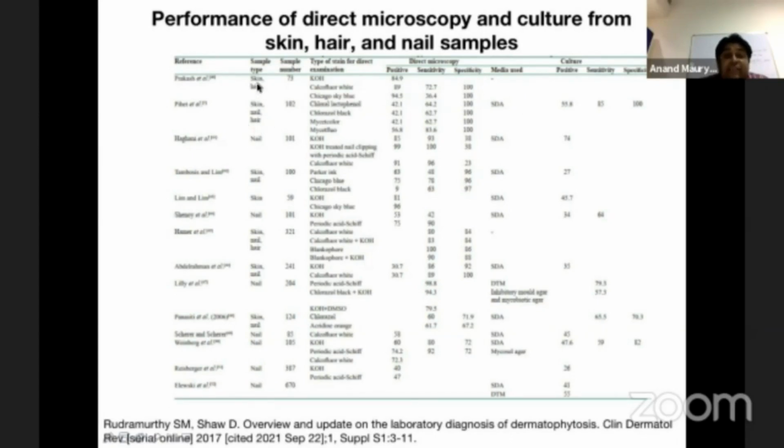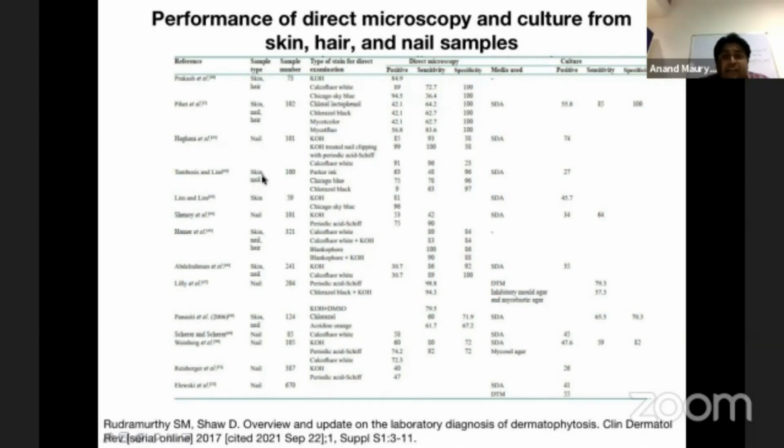You can see the study by Prakash et al. In this, there are skin and hair samples, and the positivity in the culture is 55.8%. In the nail study, the positivity by culture is 74%.